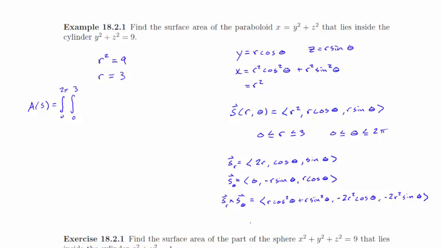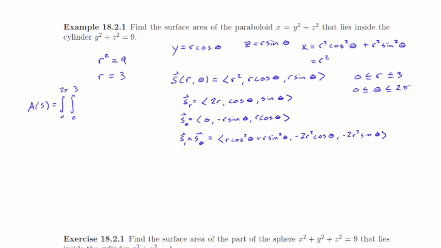Alright, the magnitude's going to take a little bit of work here. I'm going to move some things around so that I've got some room. Okay, so if I want to get the magnitude and get it nice and simplified, I see that that's going to be a little bit complicated. So first of all, let's note that this is just r for that first one. So this is the square root of r squared plus the second component squared.